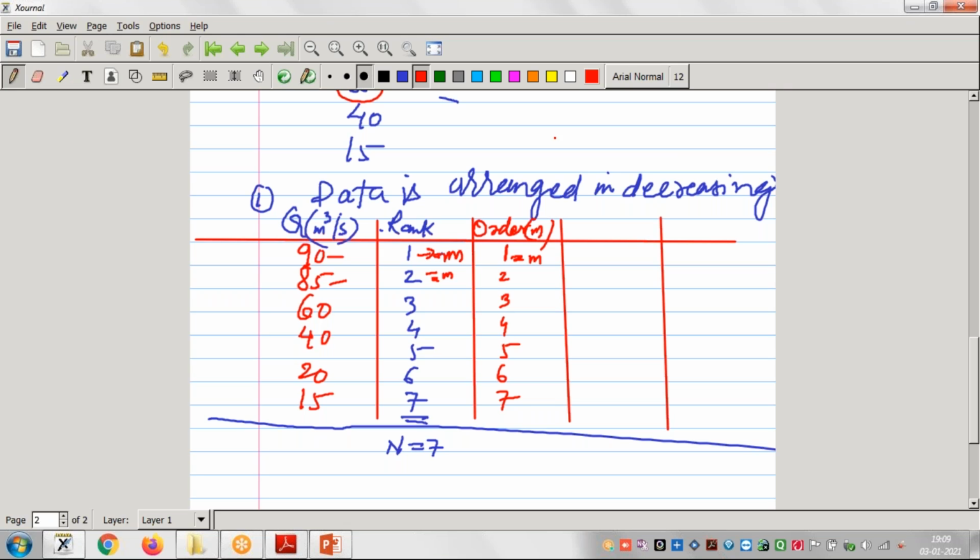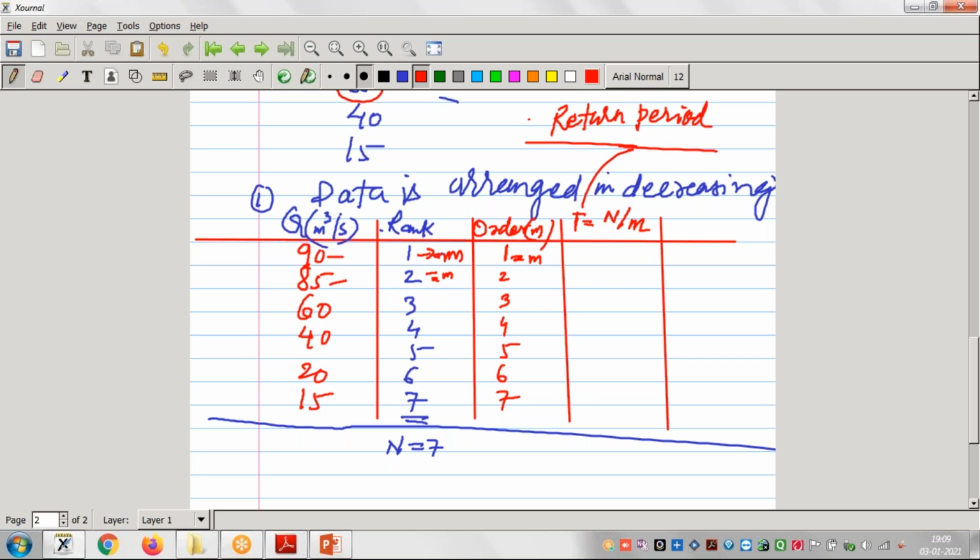And I have already told you the formula: T is equal to N upon M. This T is the return period.